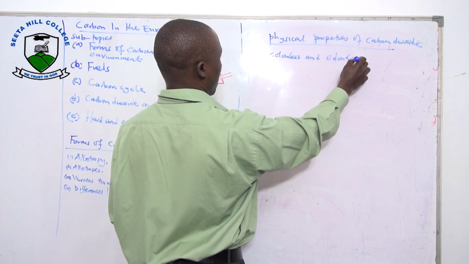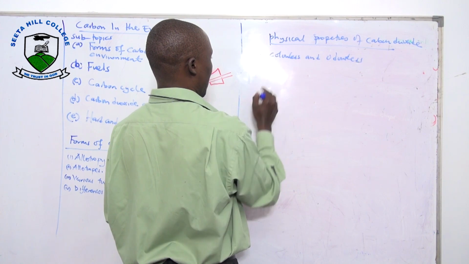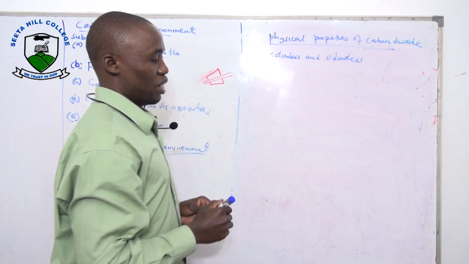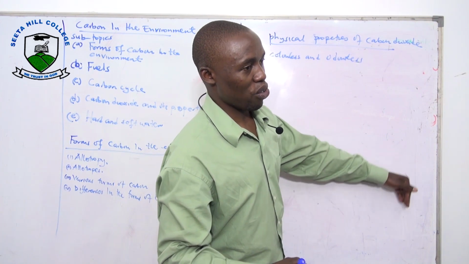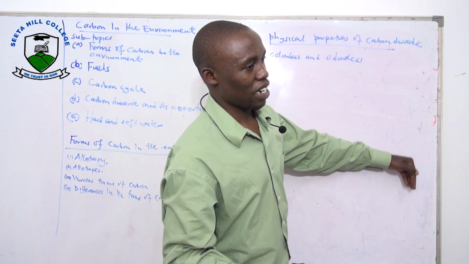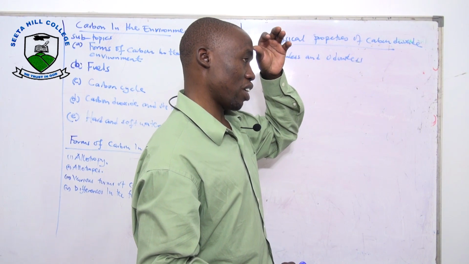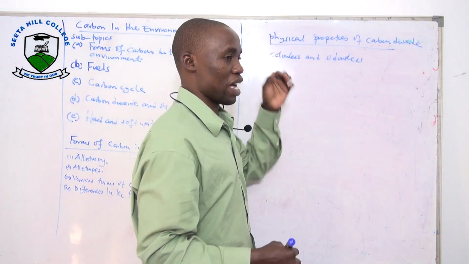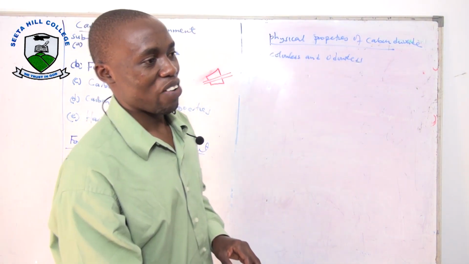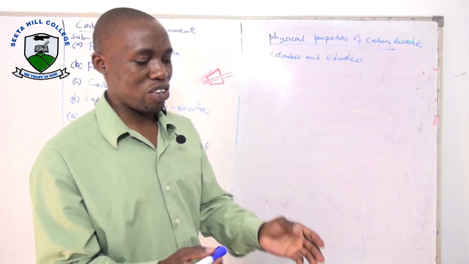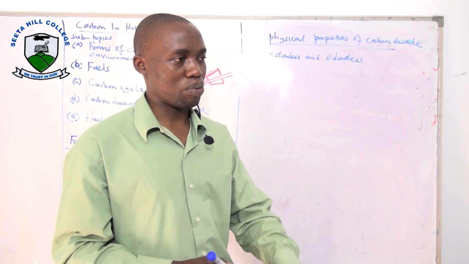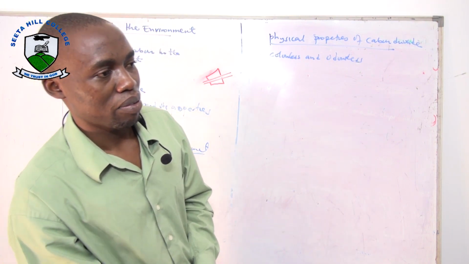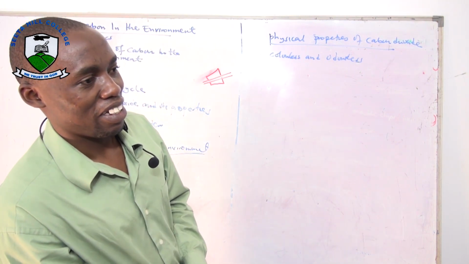It has no smell. We collect it downwards. That means we can't collect it upwards. Why? Why can't you carry somebody in the air but you put him down?